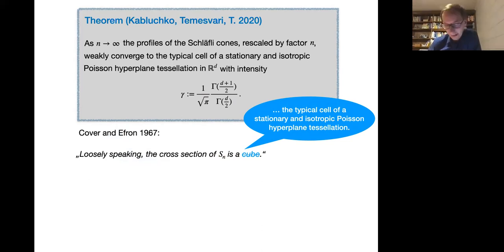But in a certain sense, they were still right, because the f-vector of the typical cell of a stationary and isotropic Poisson hyperplane tessellation is the same as the f-vector of a cube. So regarding combinatorial parameters, Cover and Efron were right, but they were not right when the shape of the random polytopes is considered.